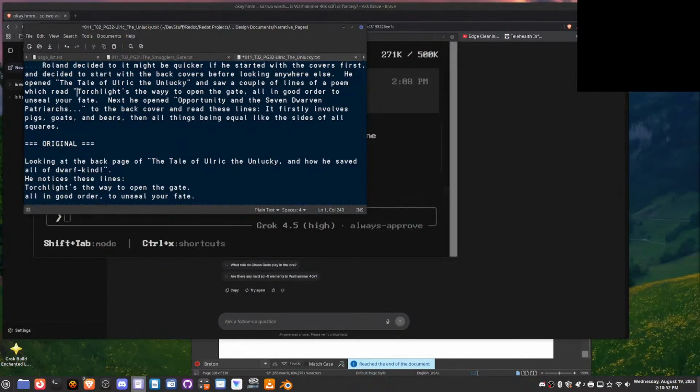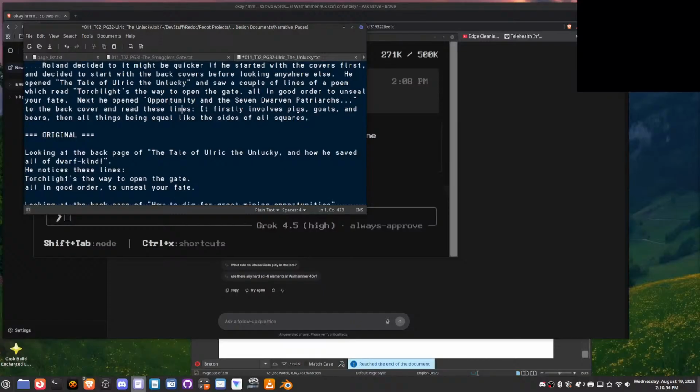And it translates: the way to open the gate, all in good order to unseal your fate. Next, you open Opportunity, the back cover, and read these lines.